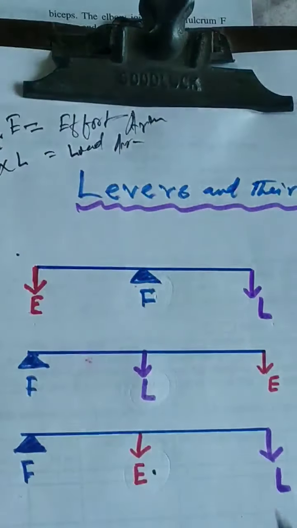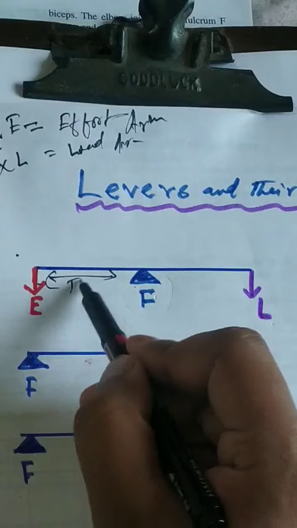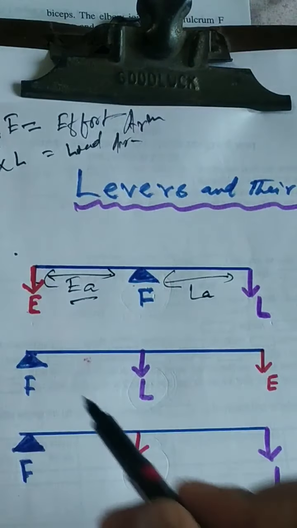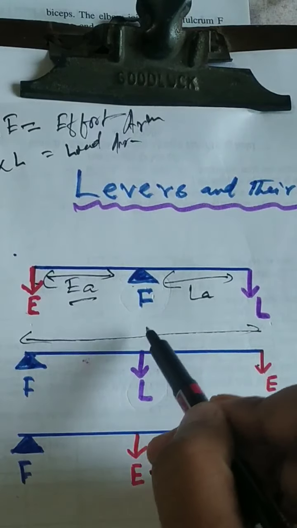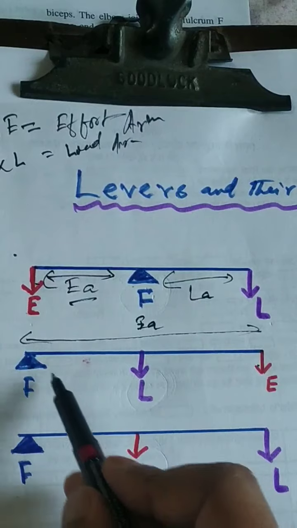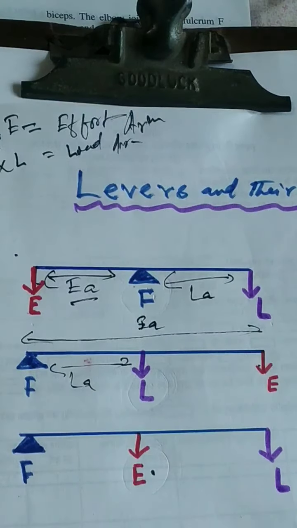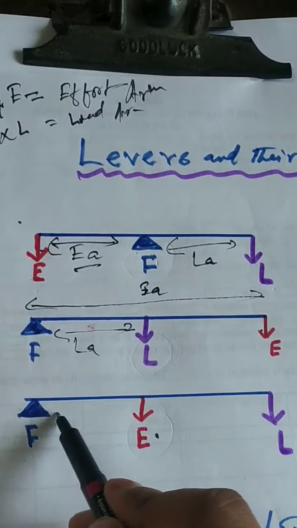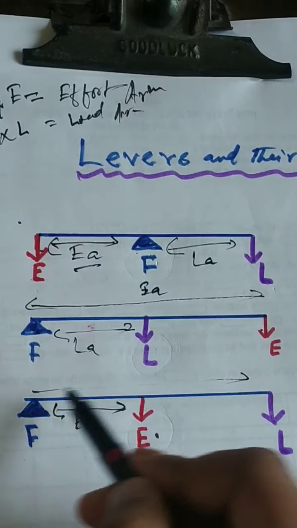So here, between fulcrum and effort, this is the effort arm, EA, and this one is the load arm. Clear? And in third class lever, between fulcrum and effort, this one is the effort arm and this one is the load arm.